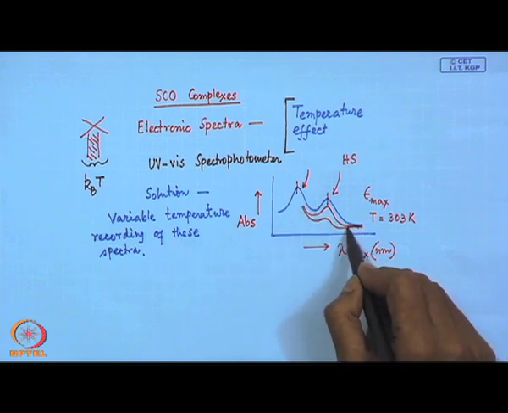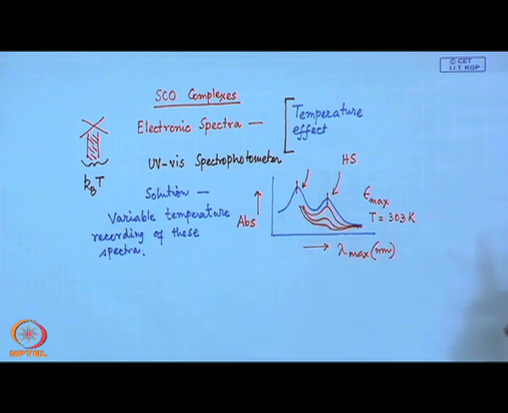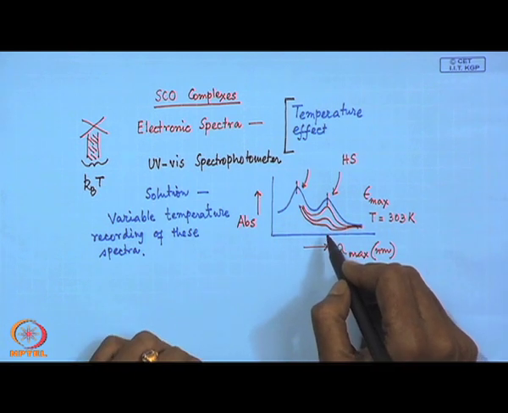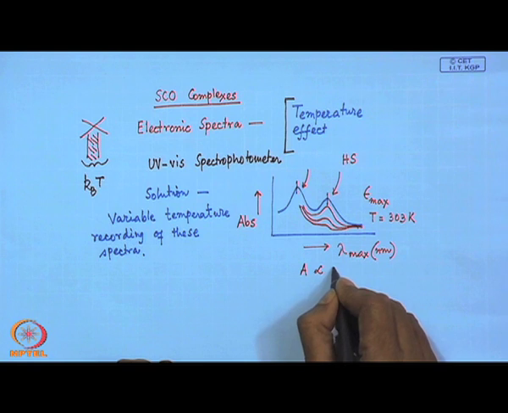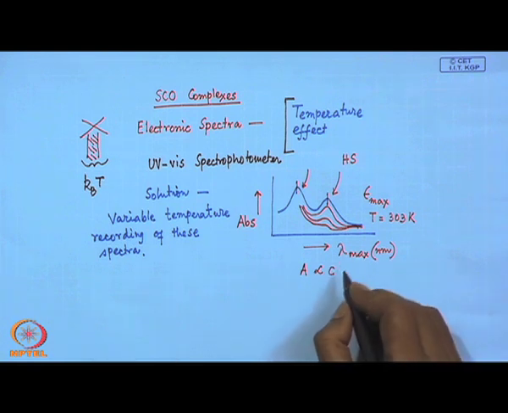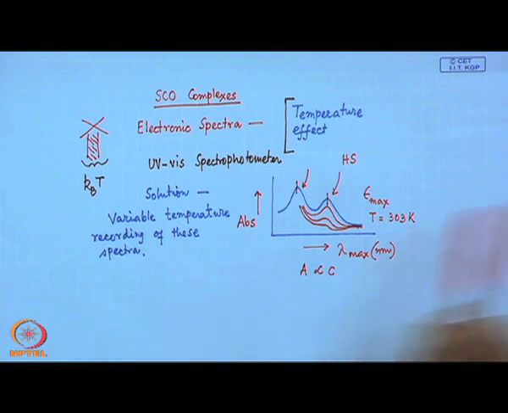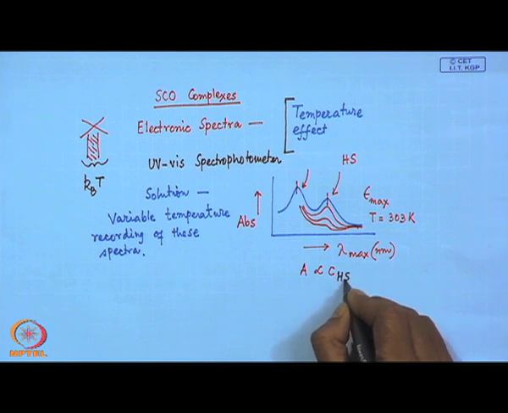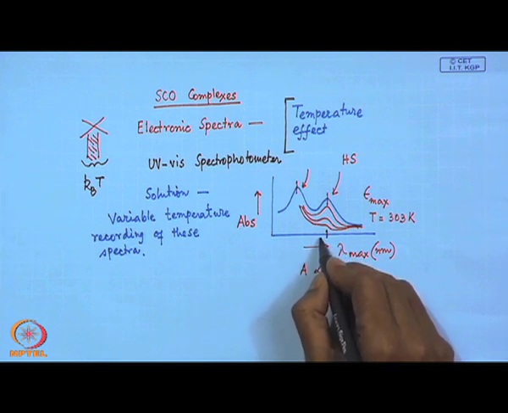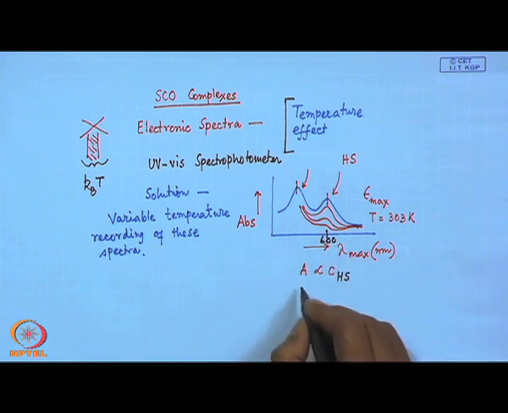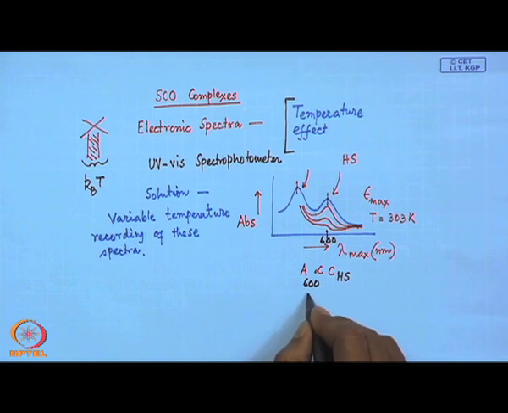So, we get this sort of trace, because we know that absorbance is proportional to the concentration available there, and particularly when we are looking for the concentration of the high spin molecule. So, absorbance at a particular wavelength, say 600 nanometer, is proportional to the corresponding concentration of the high spin species.